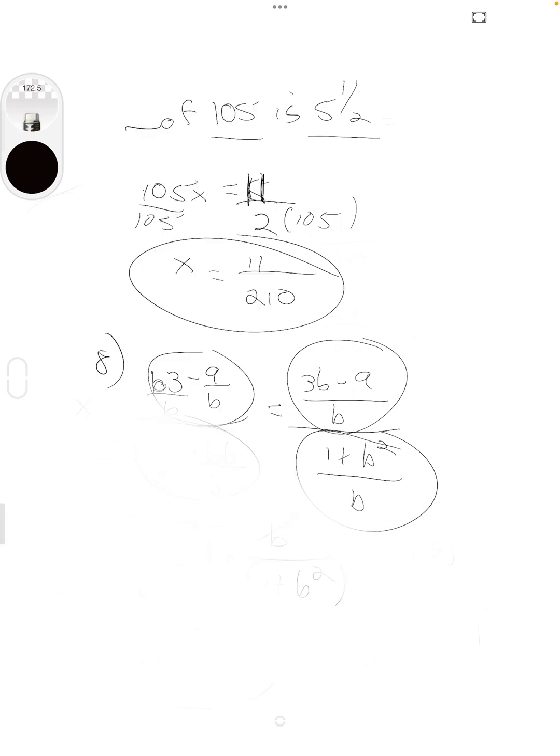Moving on, problem number 9. Problem number 9 is going to be similar: x to the negative 1 plus y to the negative 1 over x to the negative 1. So this is 1 over x plus 1 over y, divided by 1 over x.